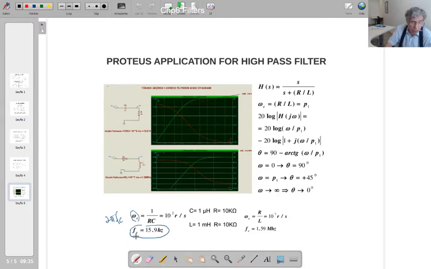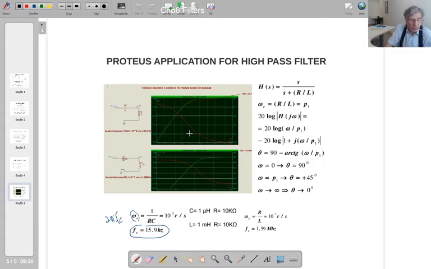If you transfer it to hertz, it's 16 hertz. So the cutoff frequency here is 16 hertz. It's going to be somewhere here. If you put the probe here, this diagram directly gives you the Bode diagram. The simulation program gives you the Bode diagram.